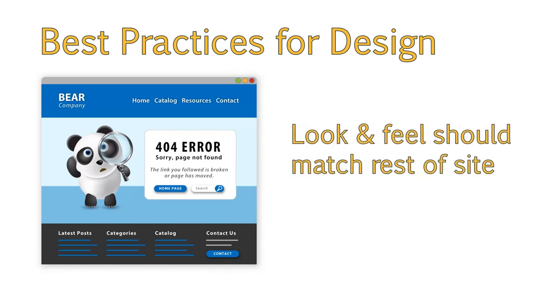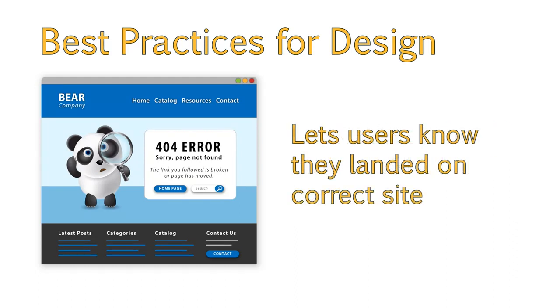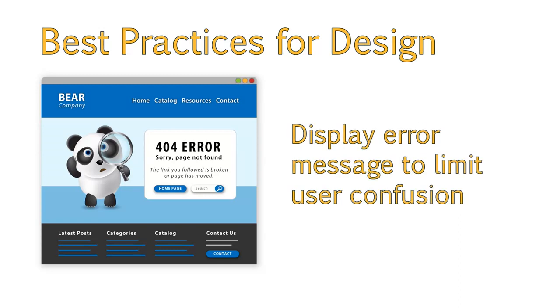Often, maintaining your overall site theme while presenting an error page is a good best practice to follow. This helps let users know they landed on the correct site while also providing them with options of where to go next. It's also important that you display an error message that lets the user know why the page is not available. This can be something as simple as letting them know the page was not found or something more elaborate.